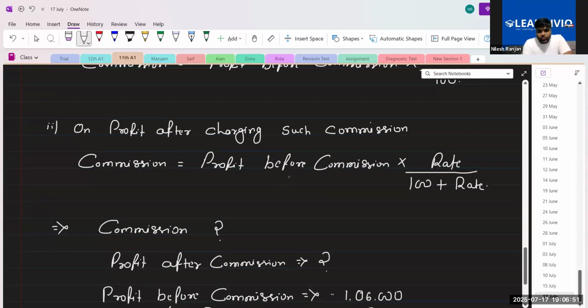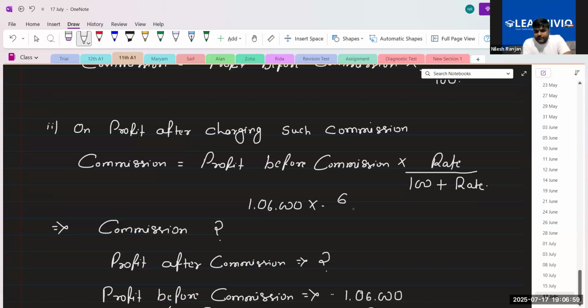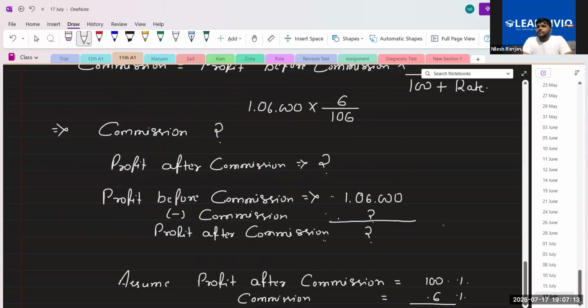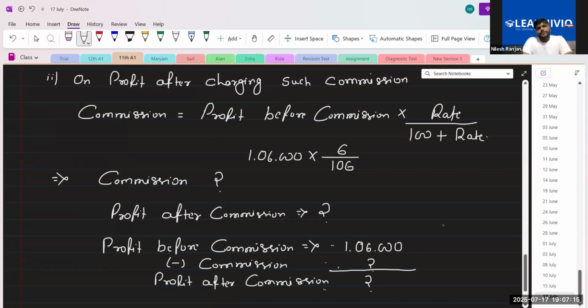Now, as per the formula, profit before commission given in the question, 1,06,000, into rate 6%, divided by 100 plus rate. 100 plus rate means 100 plus 6, it will be 106. So that is what we get here.